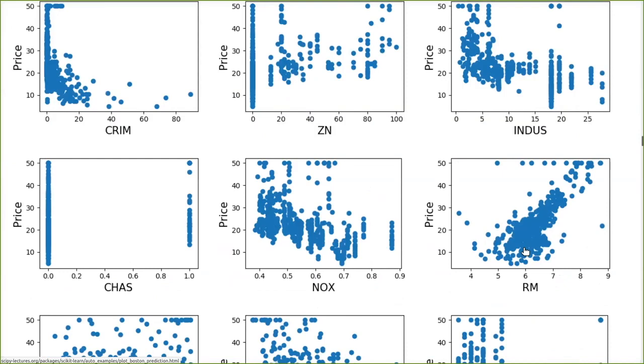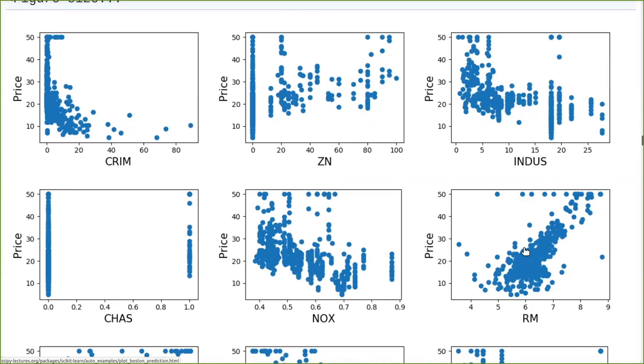So, looking at these distributions, you can see a challenge of this data set, which is that many of the different features have different distributions. There are features of different nature. Here, I have a binary variable that tells me whether the house is next to the river or not. The river is called the Chase River.